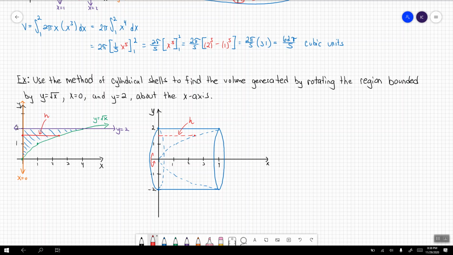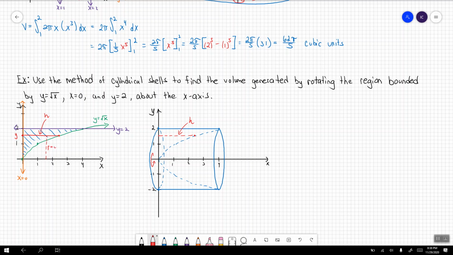But that means that the sample point that we chose is on my y-axis. So the sample point here is just going to be y, and that is going to be on some interval between 0 and 2. In other words, that is the radius that we're looking at for this shell. So this is the radius.